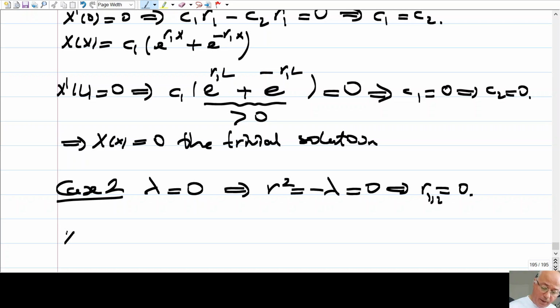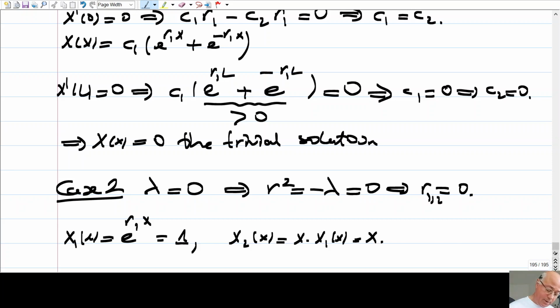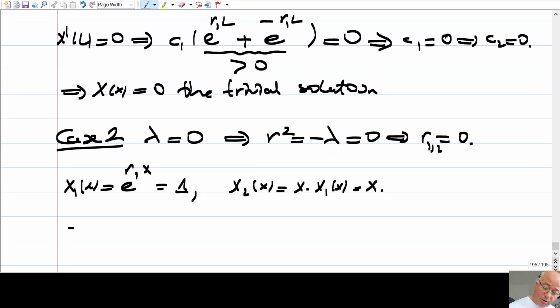So X1 of x is just e to the power r1 x. R1 is 0, so this is 1. And the second solution is just, since it is repeated, x times X1 of x, so it is just x. So the solution is X of x equals C1 times 1 plus C2 times x.